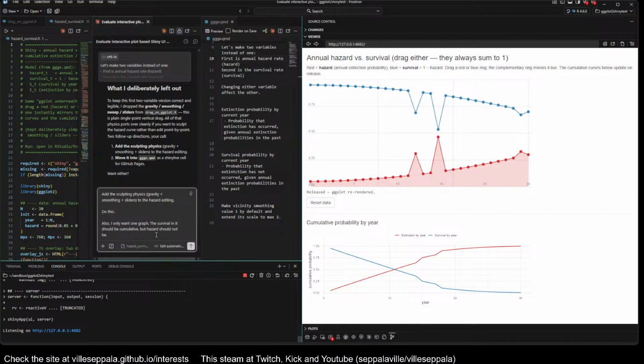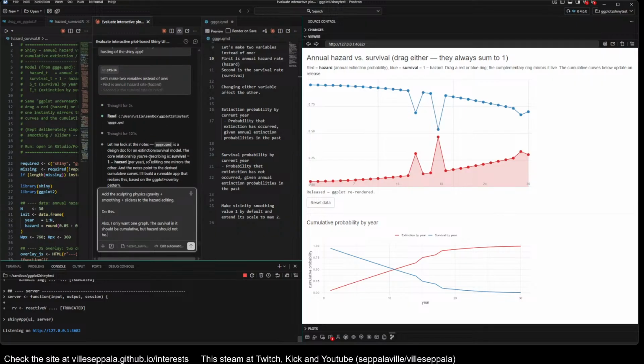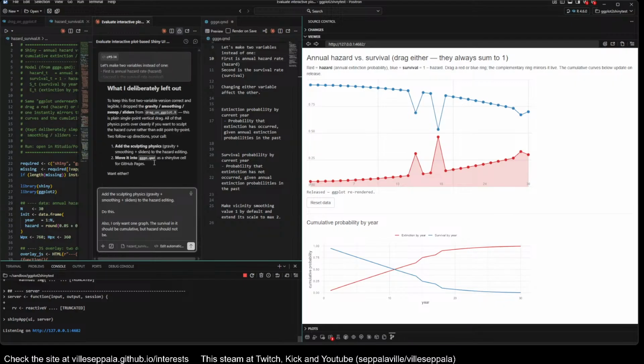I think the problem here is that it doesn't understand there's one issue with survival: if the user tracks the survival down at some point, it should affect the hazard rates in previous years.